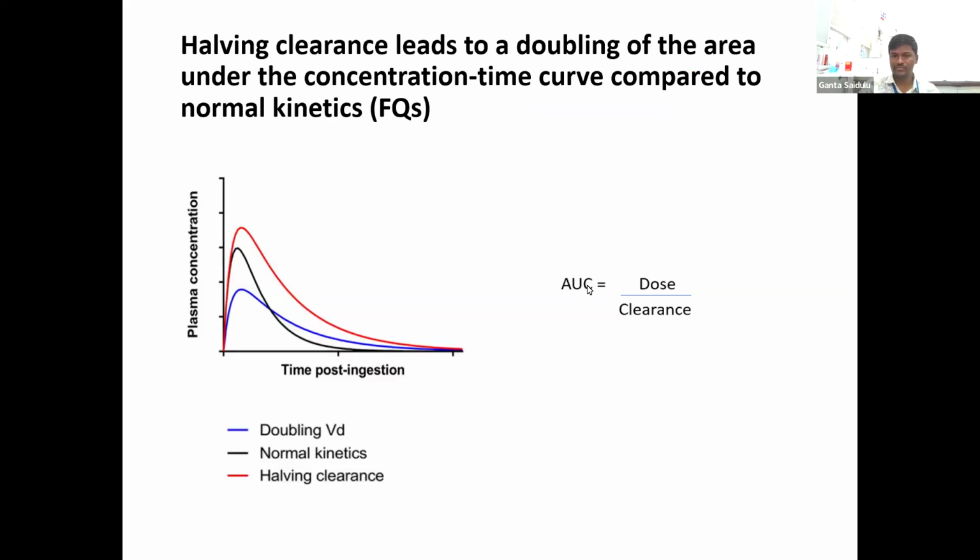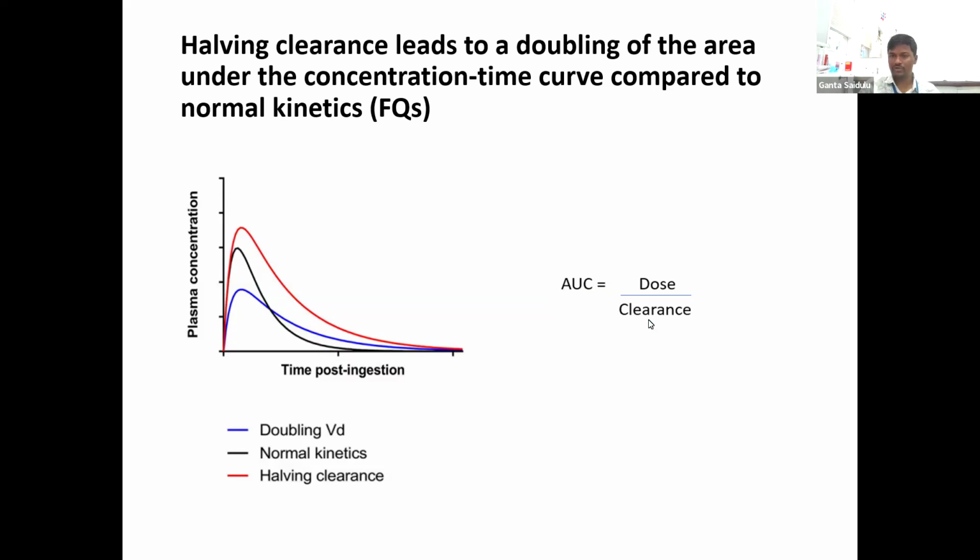In AUC-based practices, the AUC formula is dose divided by clearance. If I make the clearance half, it automatically increases the AUC to double, compared to normal kinetics, like fluoroquinolones.